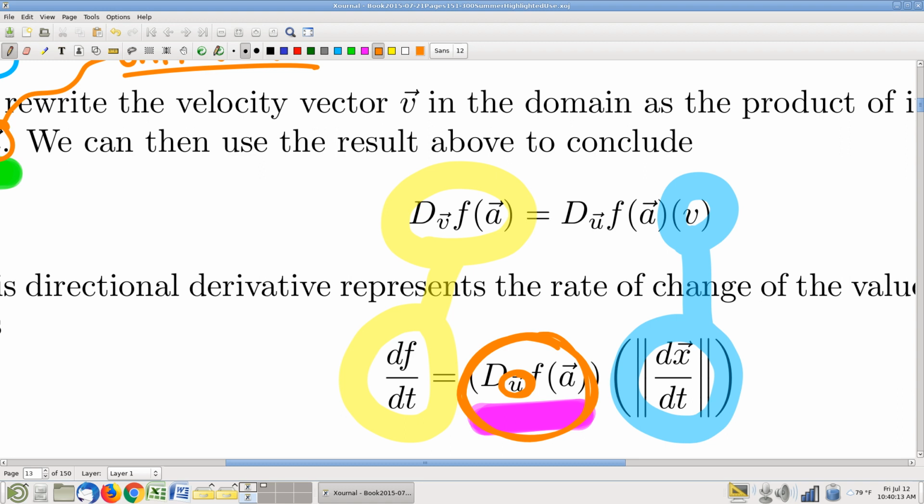That harkens back to Calc 1, where a derivative is a relationship between input changes and output changes. Here, this unit directional derivative is a relationship between input changes and output changes. How about that? That's a neat feature. This is a strong appeal for unit directional derivatives.